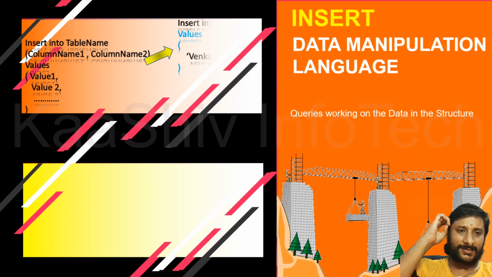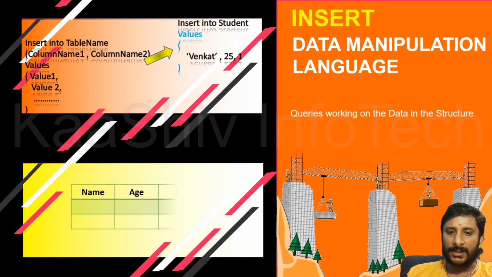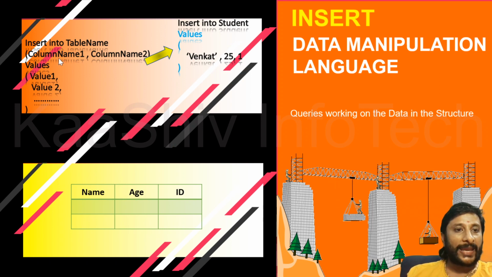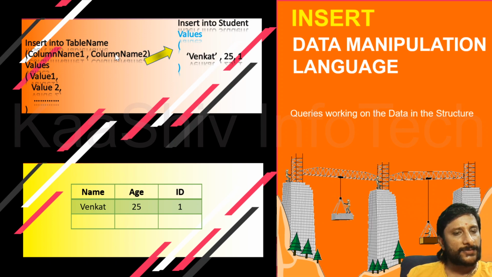Here is the statement. We have seen the student table is created, right? So in the student table, I'm trying to insert the data. Insert into table name, specify the column names, and values: value 1 for column 1, value 2 for column 2.